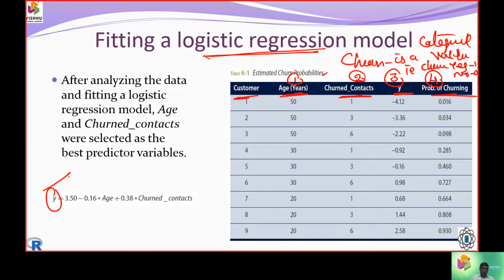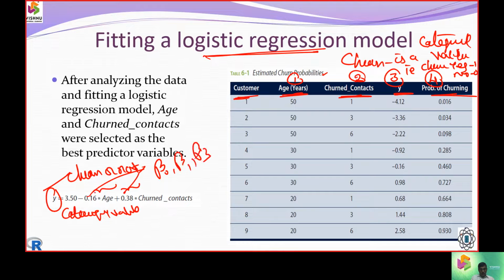Now, why does it say churn or not? That is because we say it is a categorical variable. And 0.38 and 1.36, we call the beta naught, beta 1 and beta 2 values.